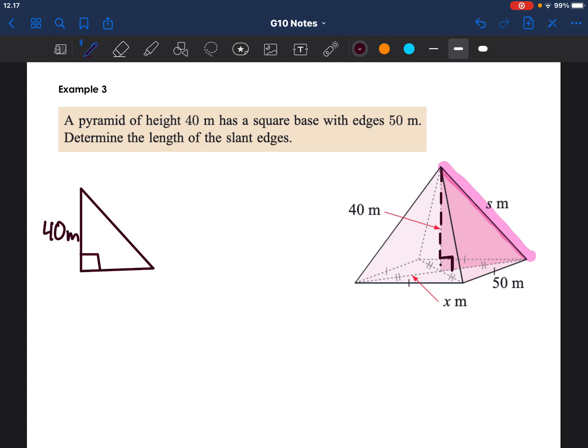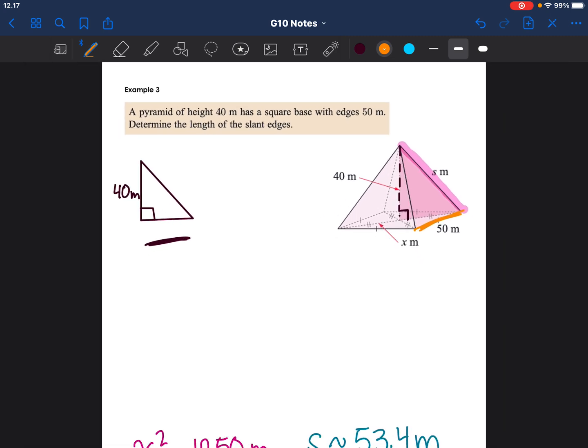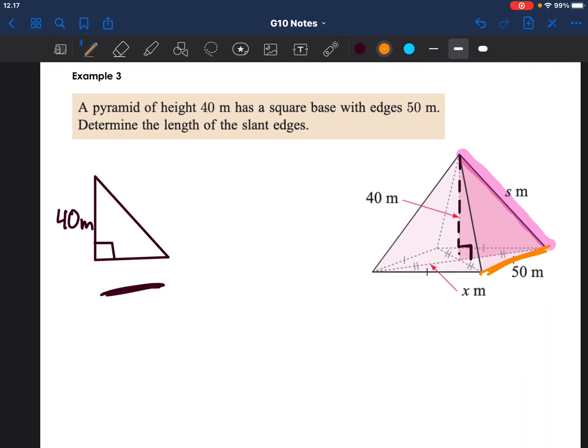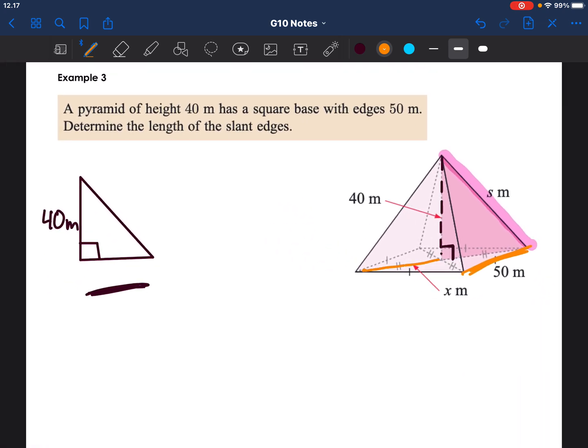So the base of this is not 50. What they're saying is the base of this is 50. Okay, so we have a lot of things to figure out here, right? So they say the half of the diagonal here is x meters, and we know the edge here is 50 meters. Okay, so we have a few triangles to work with right here. So what do we do? I want you guys to attempt that on your own first.